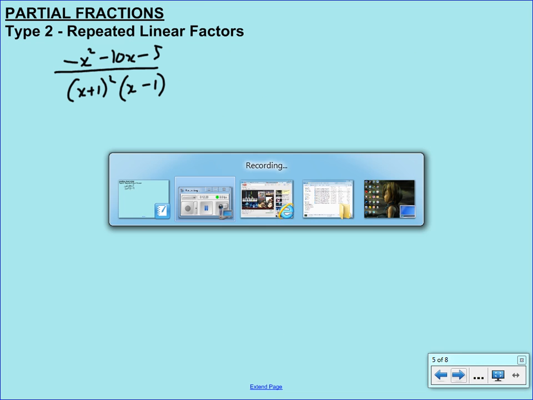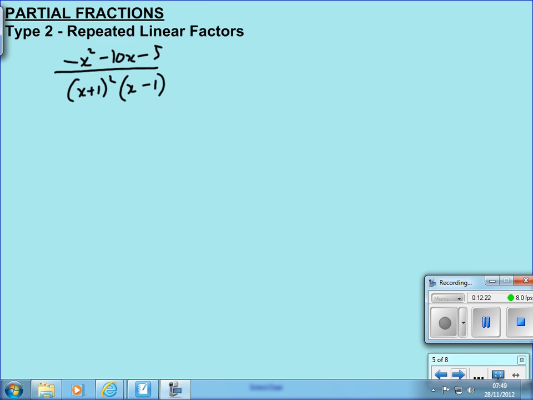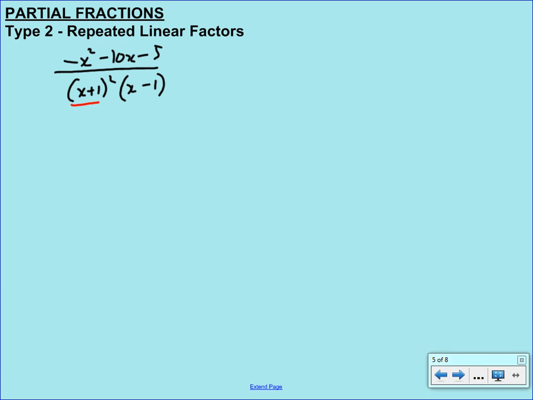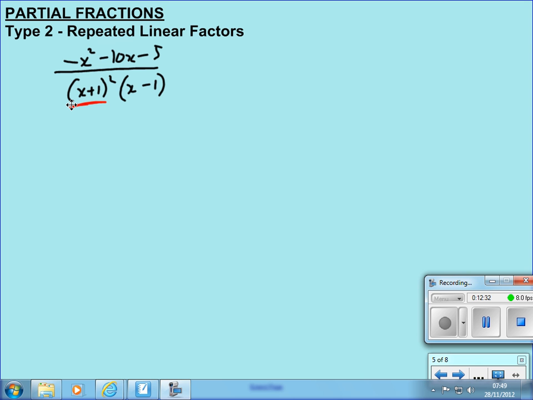So, another case we have here is the repeated linear factors case. So this is where I have a squared, so a bracket squared, a factor squared. I can't just immediately assume that this is going to be a over x plus 1 all squared plus b over x minus 1.